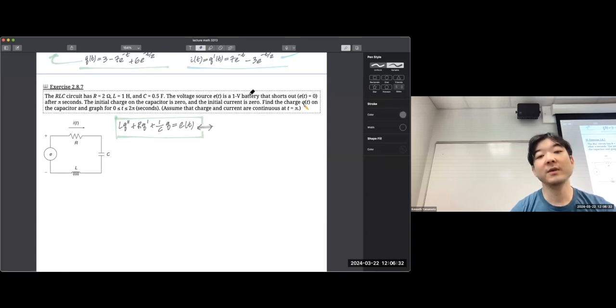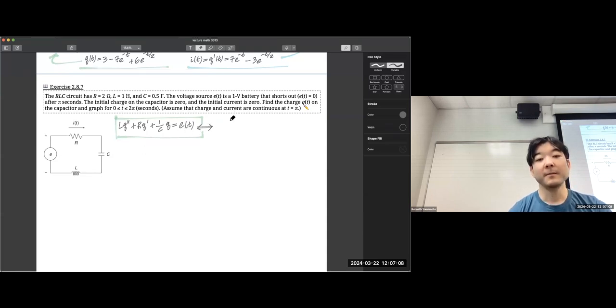But I'm going to write 2 different equations, because you see here the voltage source E of T on the right-hand side is a 1-volt battery that shorts out. Shorts out means that it doesn't provide any more electrical potential energy, any voltage. That means E of T becomes 0 after pi seconds. And then the initial conditions are 0, both the charge and the initial current. Find the charge on the capacitor, and we can also look at the current maybe.